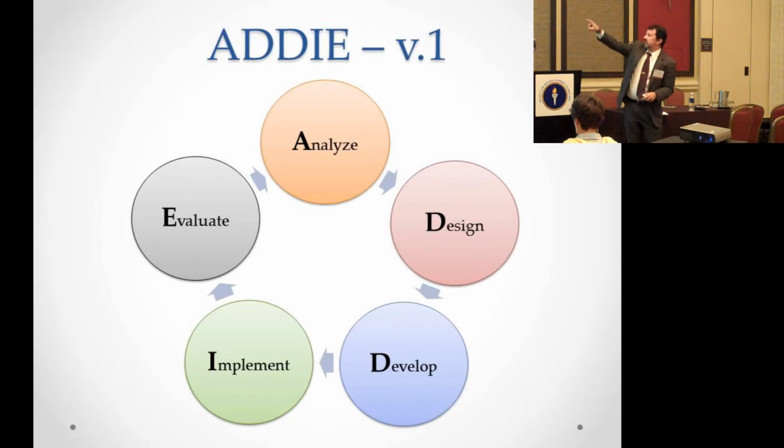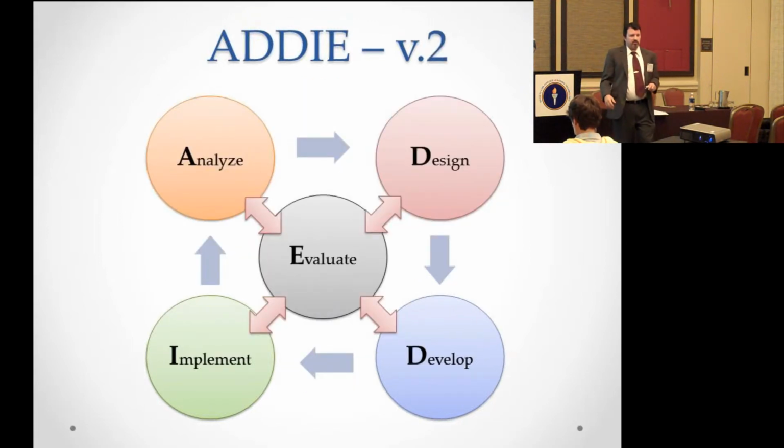Some people believe there are these discrete phases and they follow each other like this. Some people have this model where we have the phases out here, but they all interact with evaluation. You always have to bring in evaluation to inform your decisions on how you conduct your analysis or design, etc. Okay? This is what I believe it's like. It's kind of muddled.